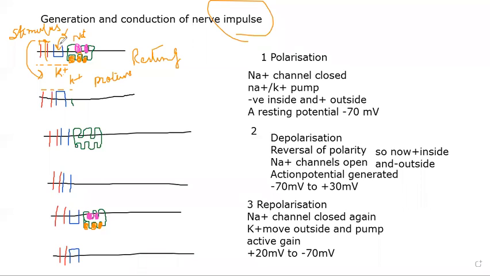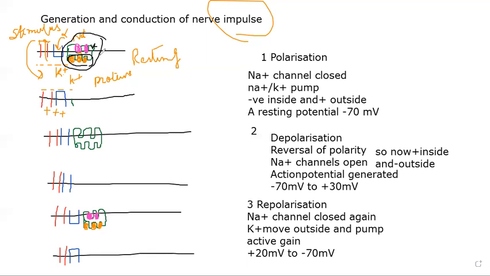Inside, it is negative charge due to proteins and less potassium ion, and outside this is positive due to more sodium and potassium. Simultaneously you can see this sodium potassium pump is also working here. We have already studied that it is throwing 3 sodium ions outside and 2 potassium ions inside.